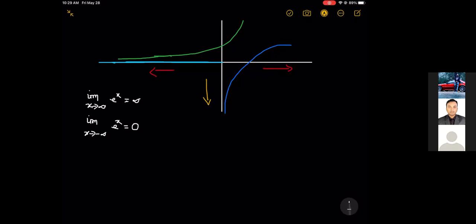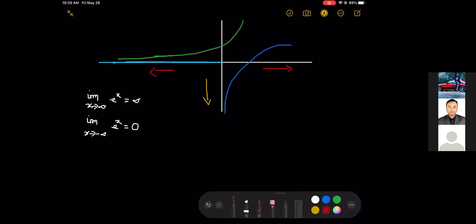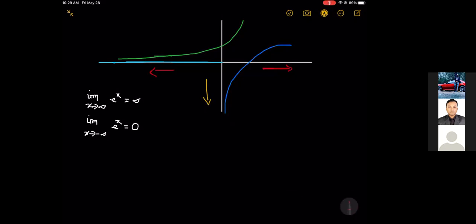Let's see the natural logarithm of x. Again, we'll be going to positive infinity this way. When we are approaching positive infinity, what happens? Which way do you think it's going towards?